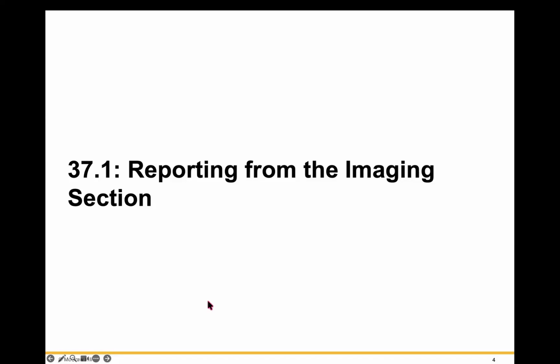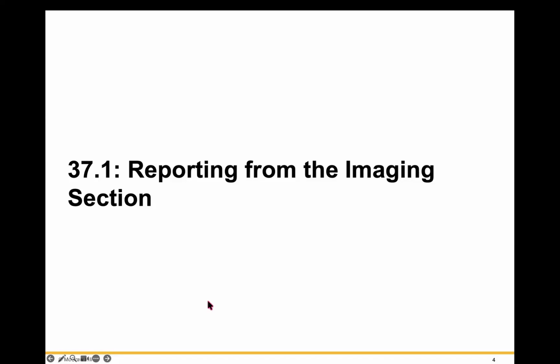Now, imaging is about using technology to see inside our body, and it's a critical part of both diagnosis and treatment planning. In this section, we'll focus on how to accurately report imaging procedures using our PCS system.